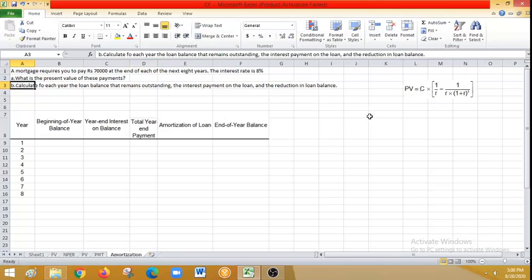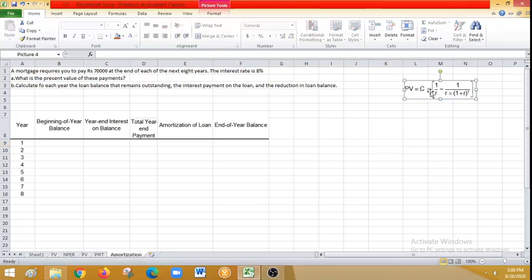So what is the present value? Okay, so there is a formula to calculate present value. PV is equal to C into 1 by R minus 1 by R into (1 plus R) to the power of T. Here the value of C is 70,000, what we are paying, and the value of R is the rate of interest.